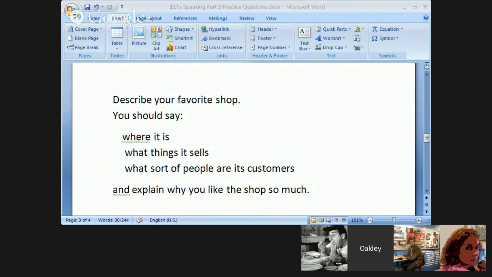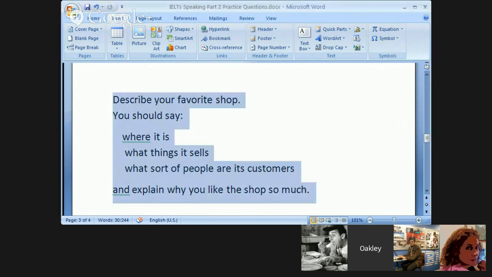Okay. All right, I would like to tell you about one of my favorite shops in my city. This shop is located in a mall, which is conveniently only about 1.5 kilometers from my house. Sometimes I can even ride my bicycle to go there. This shop is kind of unusual in the Philippines.